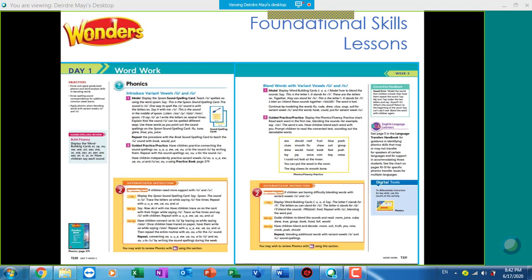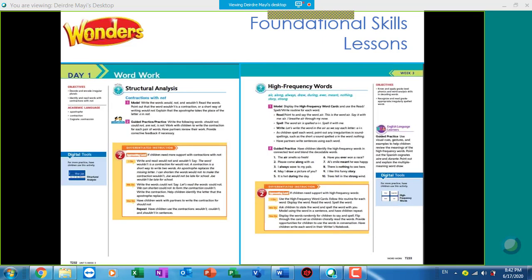So we want you to note that there is connected text always as students are practicing decoding. Also, note that there is always support on the page for when students might struggle with this part of the lesson. Notice those gold boxes. They're really important.